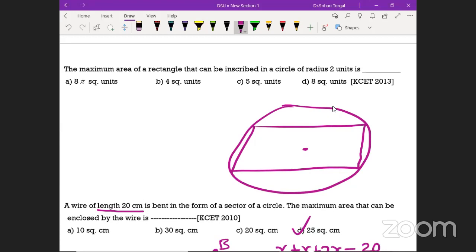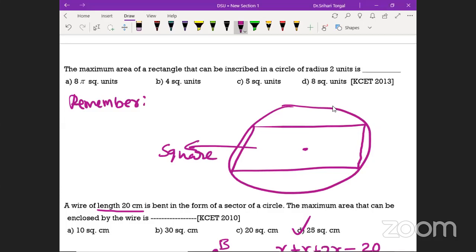You will get the maximum area only when this rectangle is a square, right? And you have to remember this. Very important result.